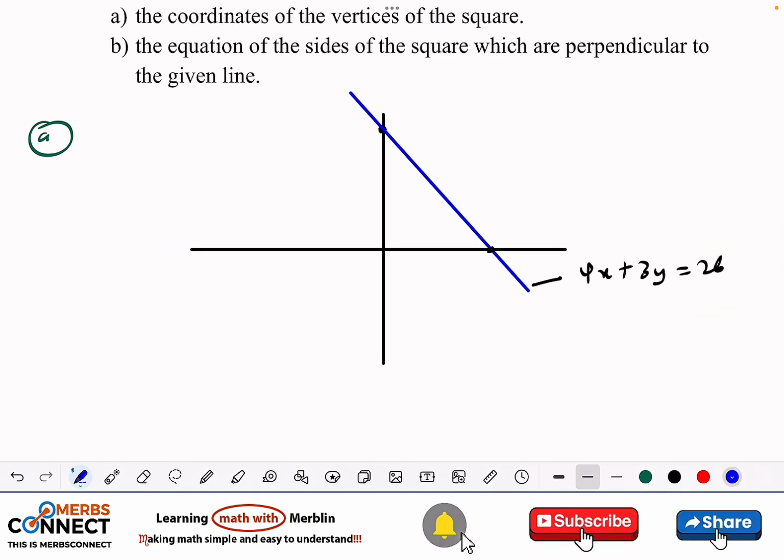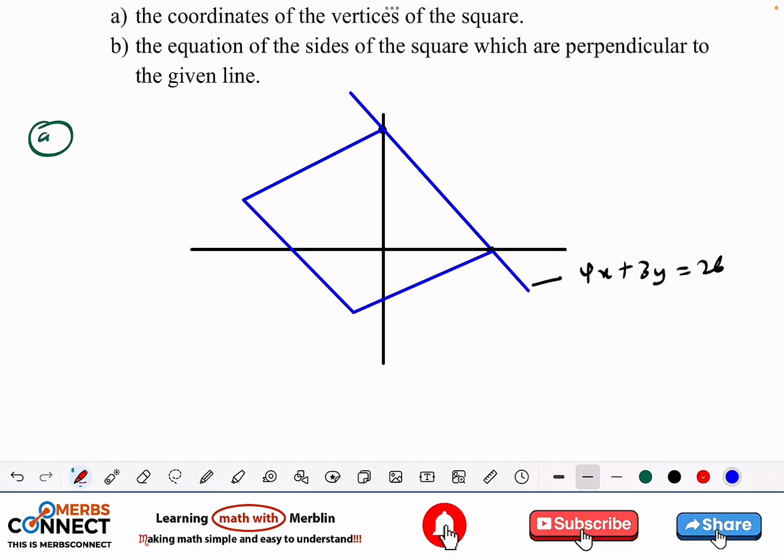So I'm trying to draw a square. Let me assume that I have one line somewhere here, and then I have another line somewhere here. It's not going to be perfect, but it's okay. Let's assume that this is a square.